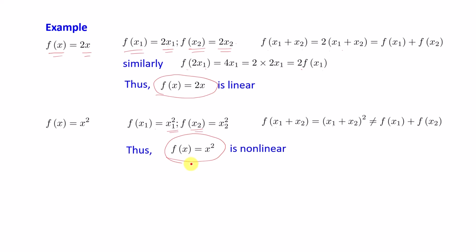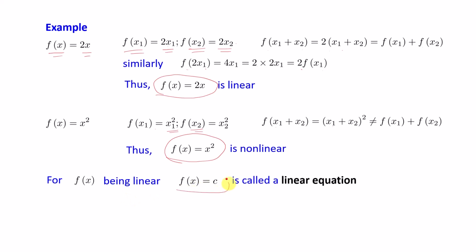This is an important concept in mathematics, and in particular in linear algebra. We have to be very familiar with it. Now, if f of x is linear and f of x equals c, where x is the unknown, we call this a linear equation. Of course, we have to know c. c cannot be something related to x. So c is a constant, and we know it.